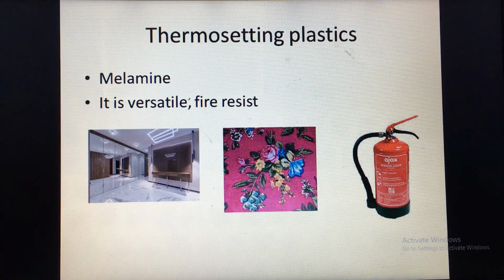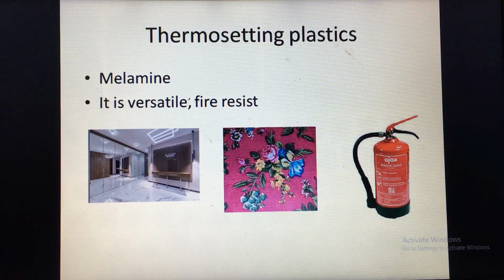So melamine and bakelite are thermosetting plastics, and PVC and polythene are thermoplastics. That is very important.